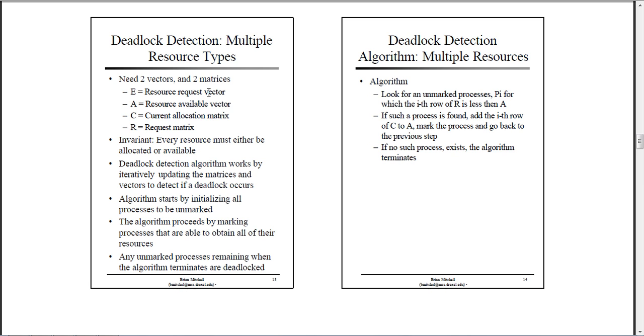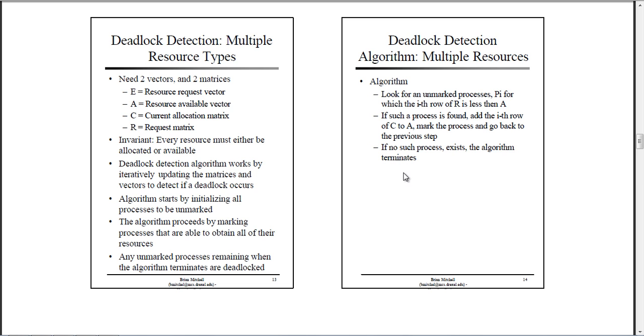The deadlock detection algorithm works by iteratively updating the matrices and vectors to detect if a deadlock occurs. The algorithm starts by initializing all processes to be unmarked. The algorithm proceeds by marking processes that are able to obtain all of their resources, and any unmarked processes remaining when the algorithm terminates are deadlocked.